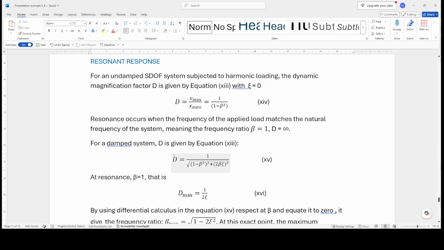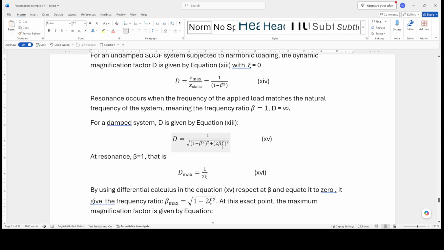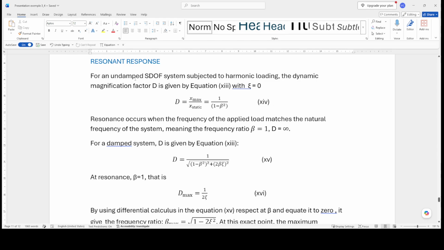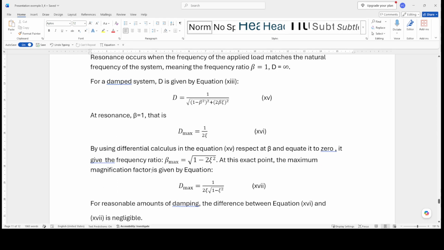For the damped system we can rewrite the same equation 13, and at resonance, so for beta equal 1, D max is equal to 1 divided by 2 xi. So these are the two equations for the two cases, for the undamped system and for the damped system.